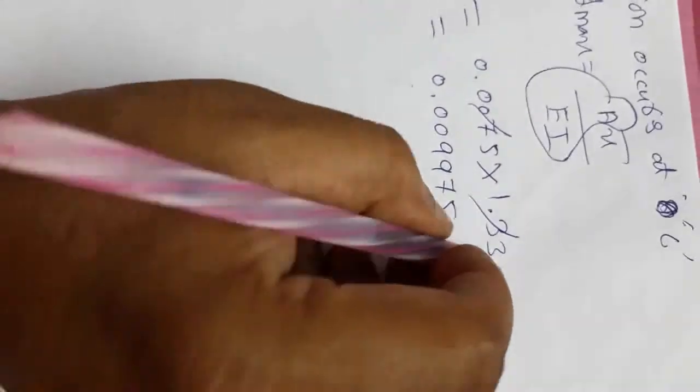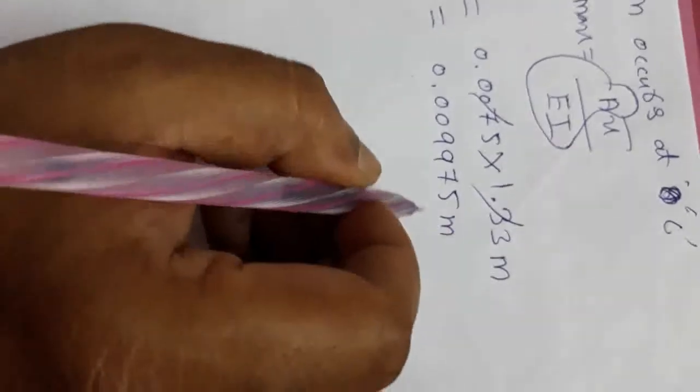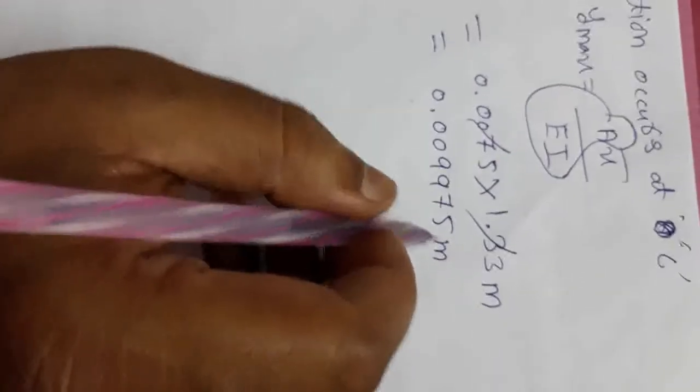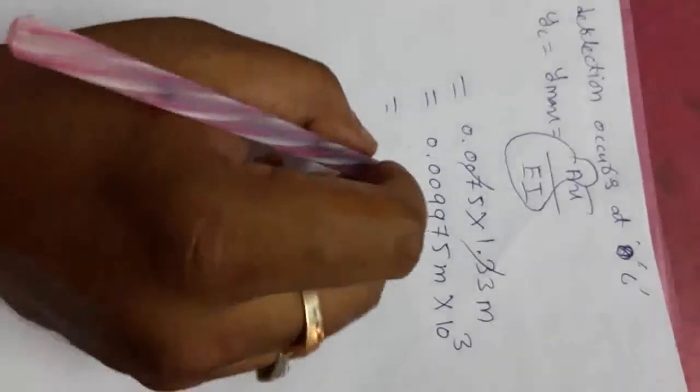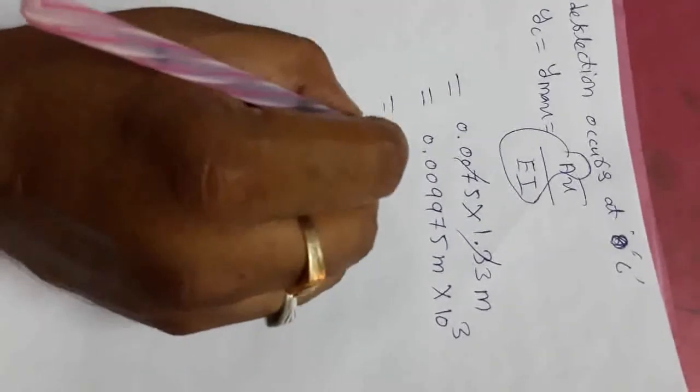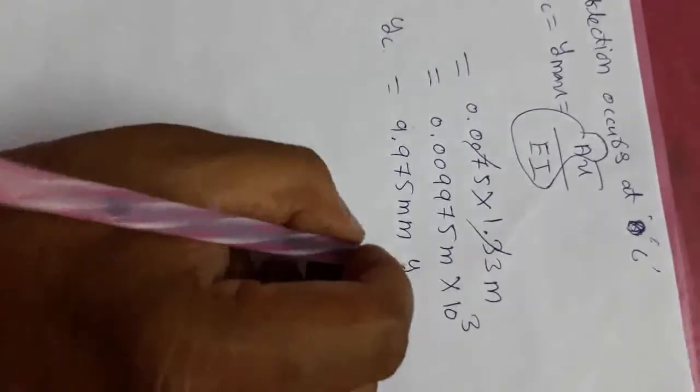Here it is substituted in meters, so the value is in meters only. You need the units in mm, so multiply this value by 10 to the power of 3, and the value is 9.975 mm. So 9.975 mm is YC, the Y maximum. This is the answer.